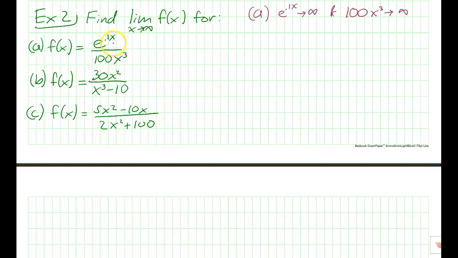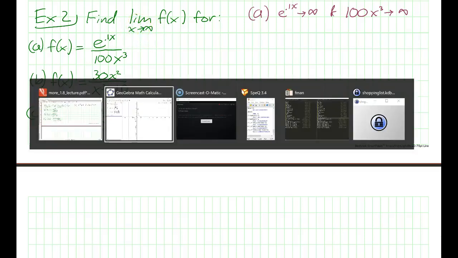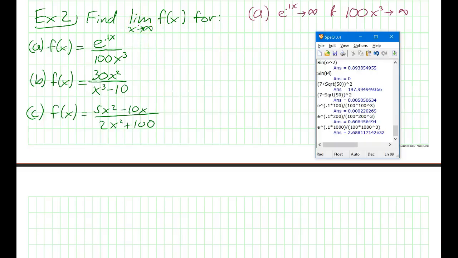If the numerator is bigger, you might get a really big result. So one thing you could do is plug in some numbers into your calculator. And if you're finding the limit as x gets closer to infinity, just use a number for x that's pretty close to infinity. So here I did a few things with this calculator.